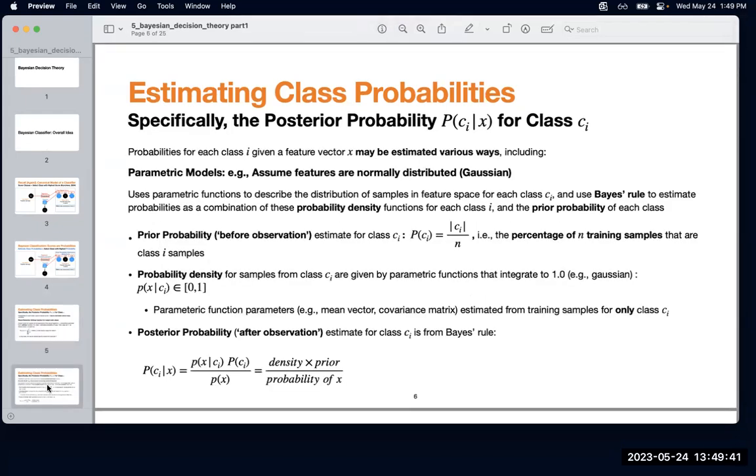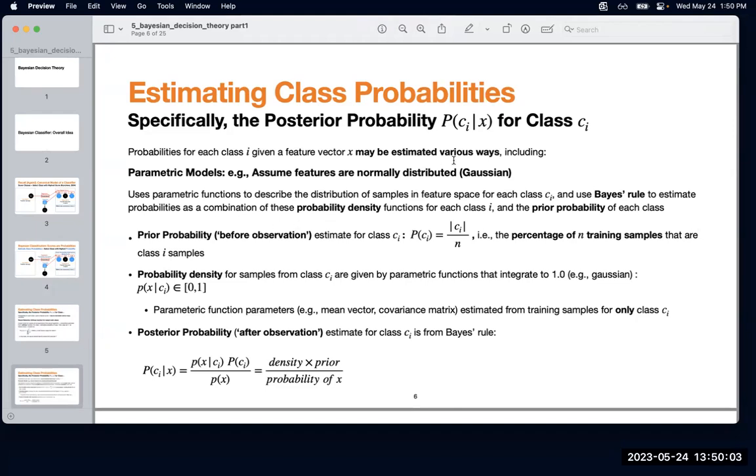Now let's talk about the main probability functions that we would be using. I have mentioned already the posterior, and the posterior, as we said, is essentially the probability function that would be used to estimate the class that a given input would belong to.